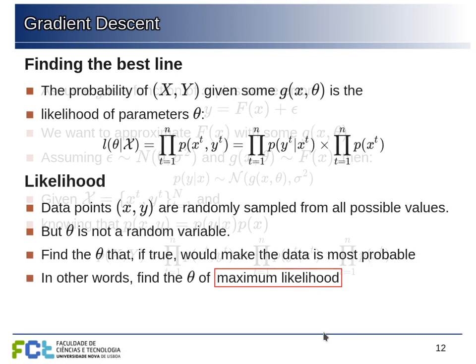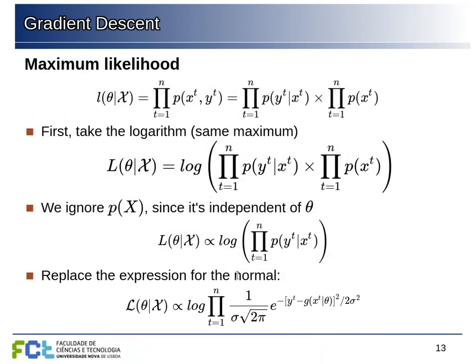So we can use the expression for that normal distribution, and this would be the probability of having that particular shape of the data, so that's a set of values, if we assume that we have these parameters theta for our function that approximates what would be the relation between x and y in reality.